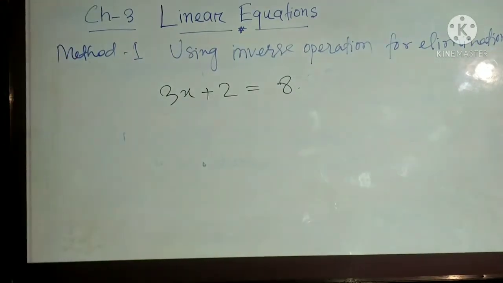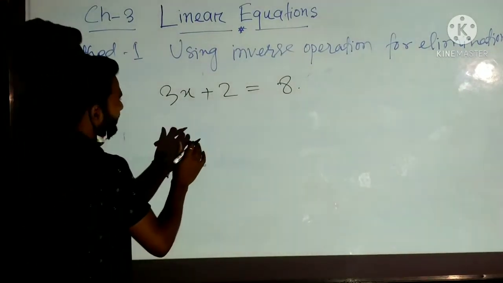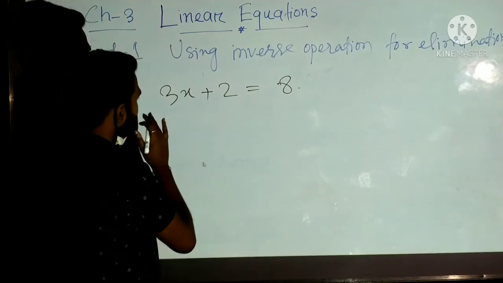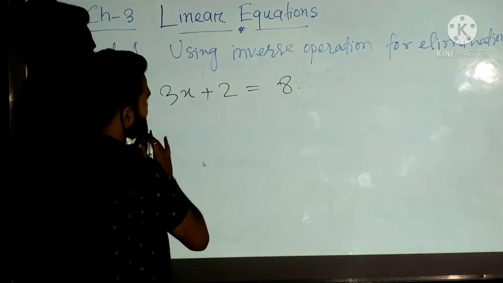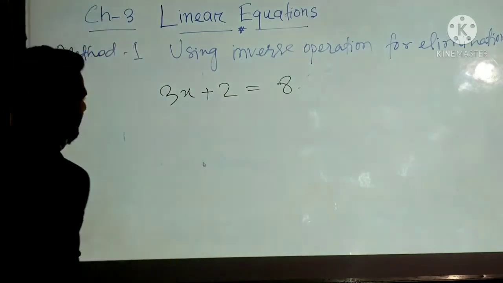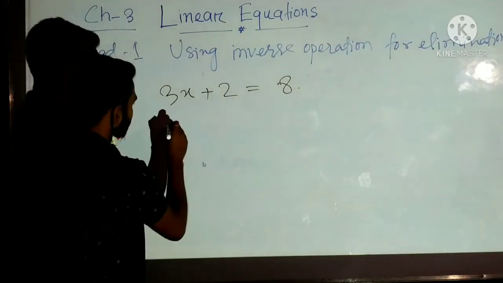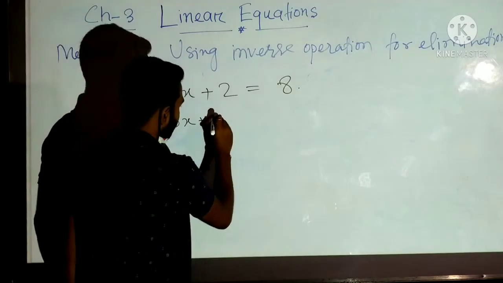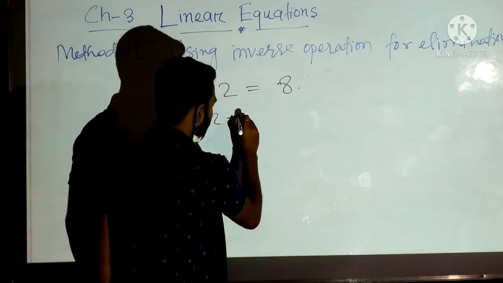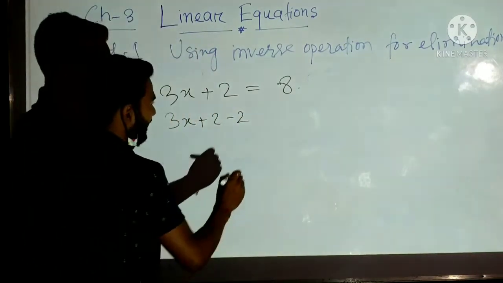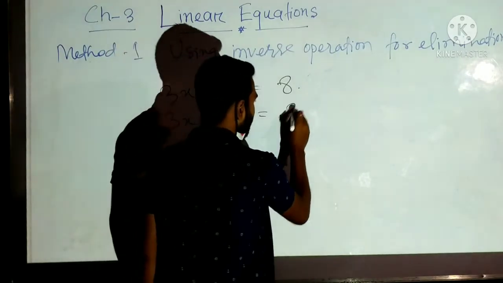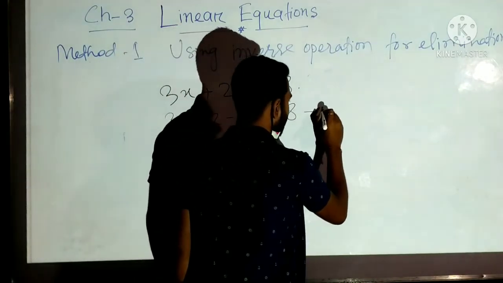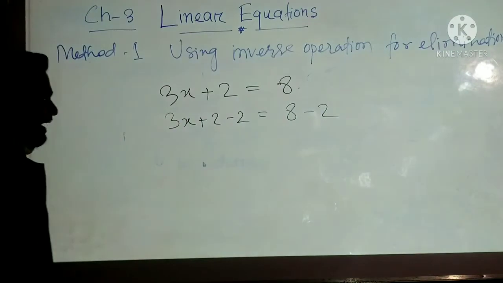To solve this linear equation, first we will try to eliminate all the constants from the left hand side and keep only the variable in the left hand side. To do that, first we will subtract 2 from the left hand side and we have to subtract 2 also from the right hand side.